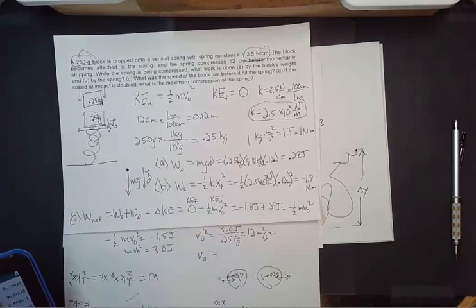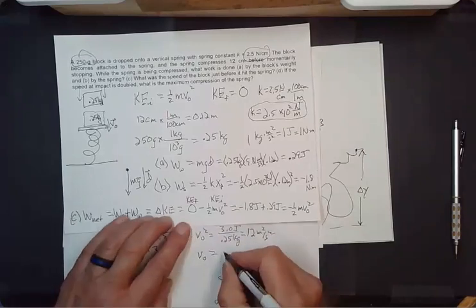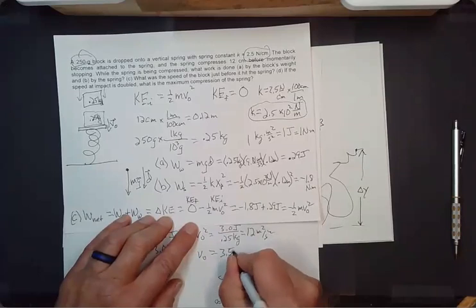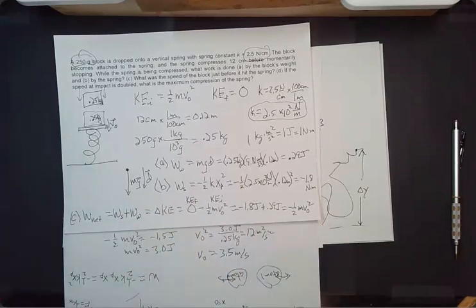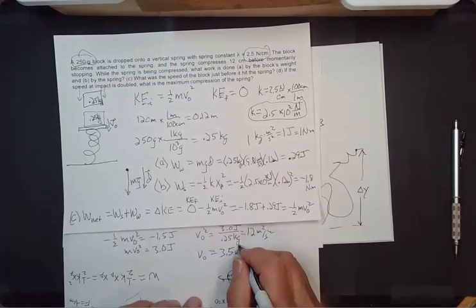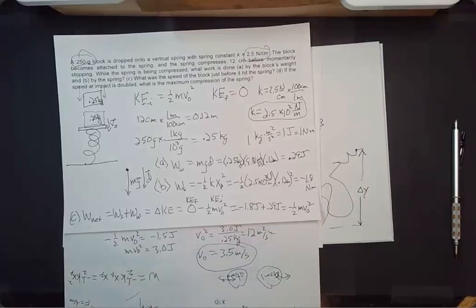I forgot to turn the calculator on again. I get about 3.5 meters per second. Now that's just the speed, doesn't tell me anything about the direction, but I know that it was falling downwards. So there we go with that one.